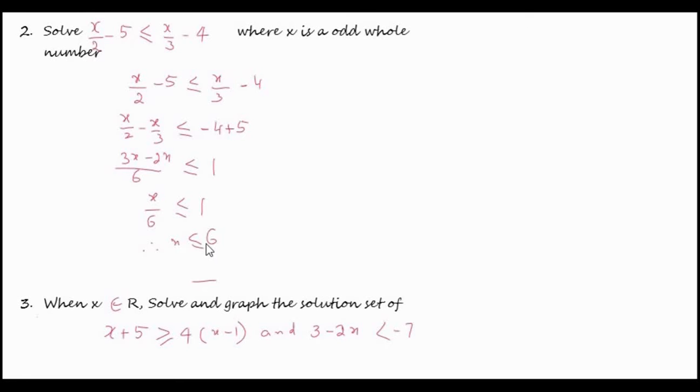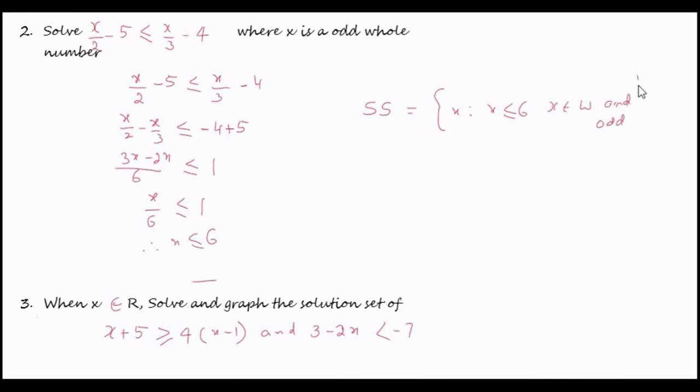So this is the solution for the linear inequation given here, x/2 - 5 ≤ x/3 - 4. Now let us write the solution set. How does it look? Solution set: x such that x ≤ 6, x belongs to whole number and odd.